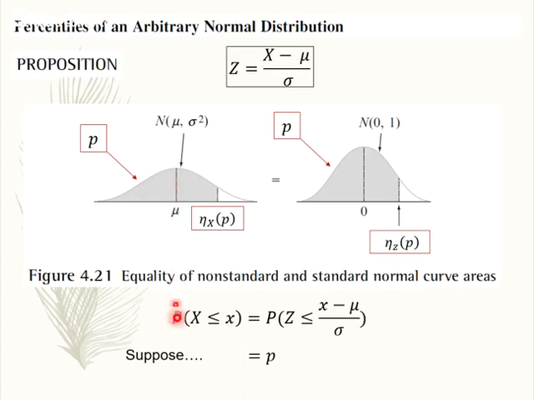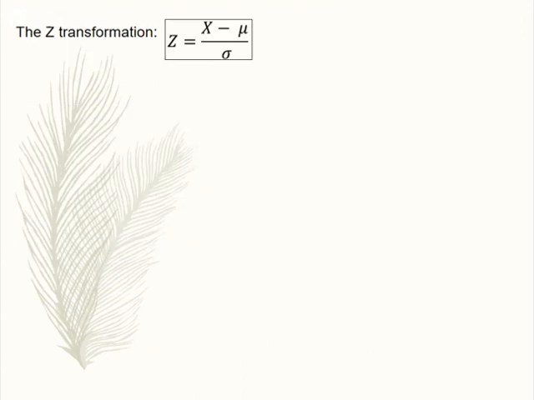Let's have a look at a summary. Suppose you take this standardization transformation and rearrange it a little bit, so I want to make x the subject. I'm going to multiply both sides by sigma, so that gives you z sigma on the left. If you add mu on both sides, the result is x equals z sigma plus mu.